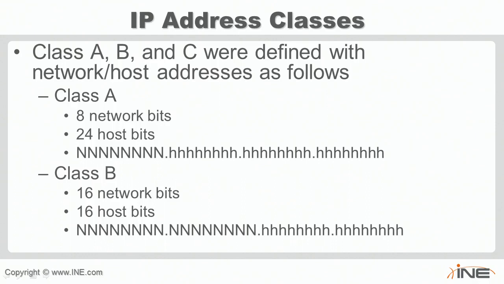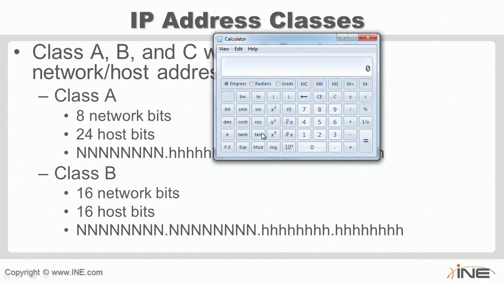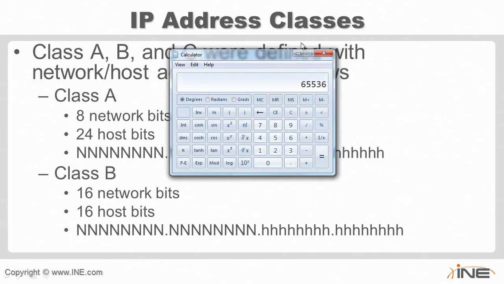So the first 2 numbers denote the network address, and the last 2 numbers denote the host address, which means that 2 to the 16th, so 16 bits for the host addresses, gives you somewhere around 65,000 possible hosts. Again, we'll take this and subnet it. So out of these 65,000 possible combinations, we're going to break it down into much smaller networks.